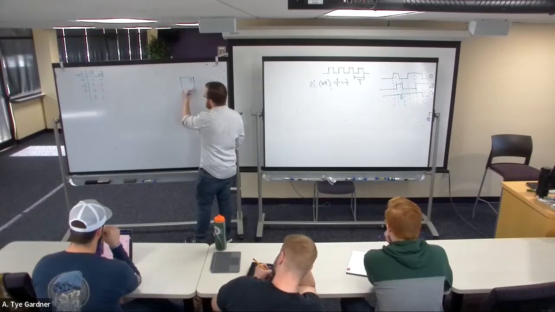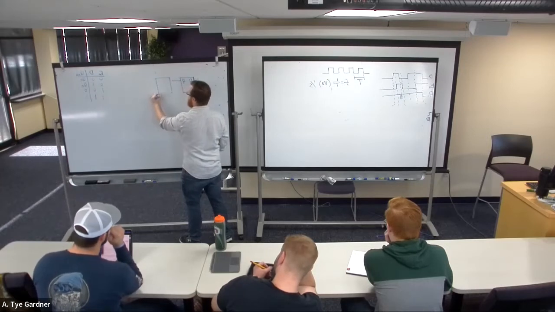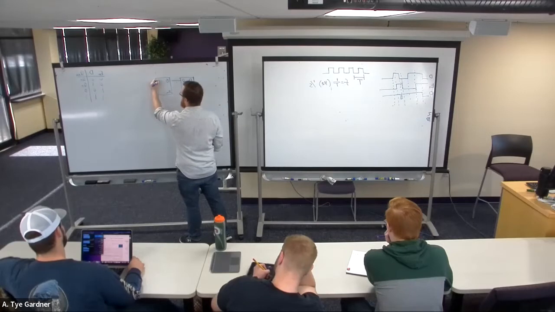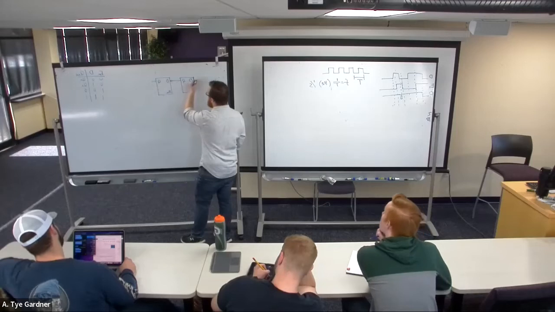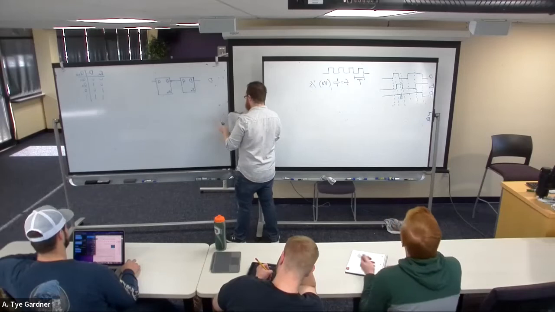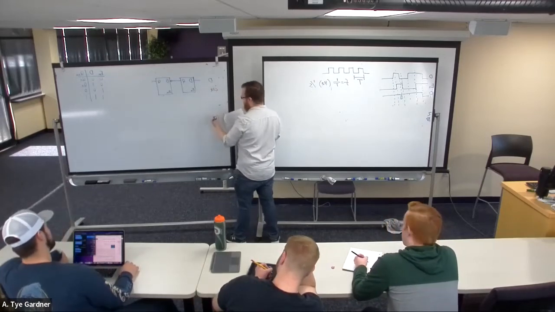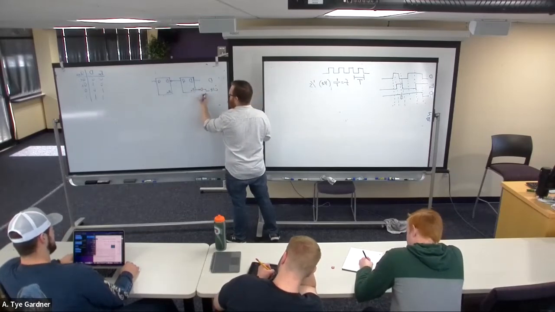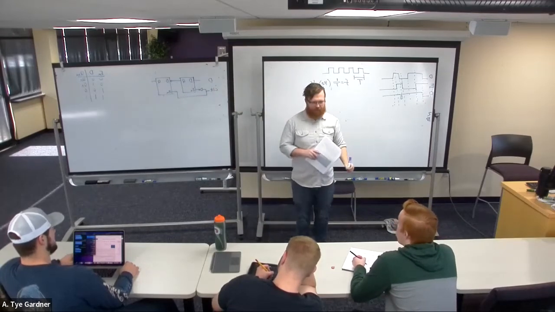And this is going to be my enable Q. I don't need my Q bar in this case. And again, this is input. I'm just going to call it data, but I'm going to then call my other signal clock. I'm going to wire it up like so.